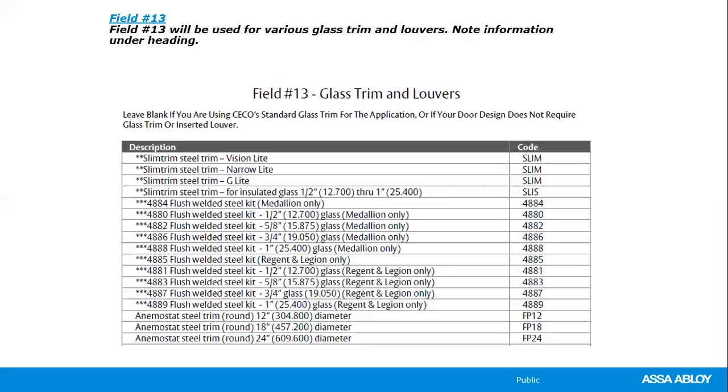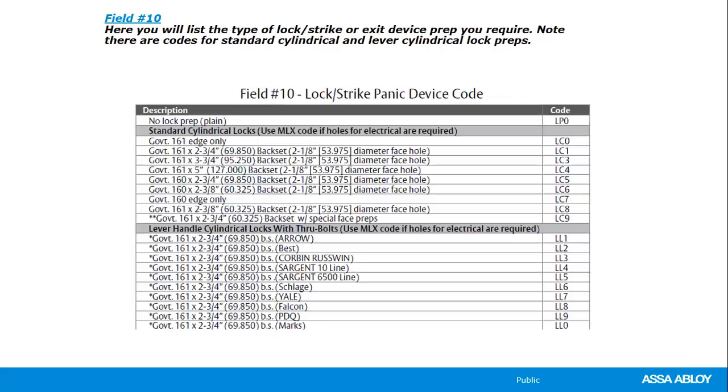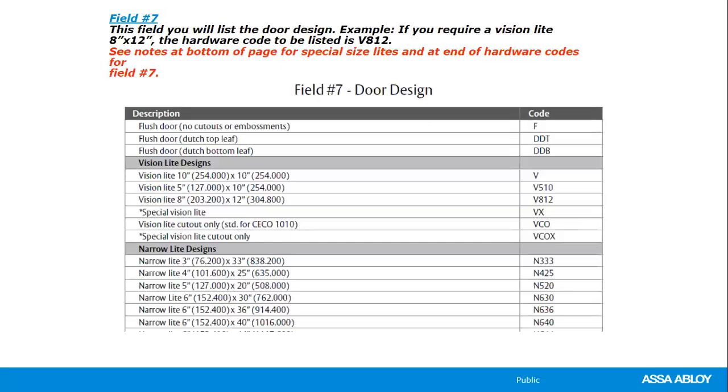Or Pat, if you want to add anything to that. No, I think under field 7, you're going to specify that you have a louver in the door, and then you would go on to field 13 to finalize if it needs more detail. If it's something really special, yes, because in field 7 you have your standard sizes here.